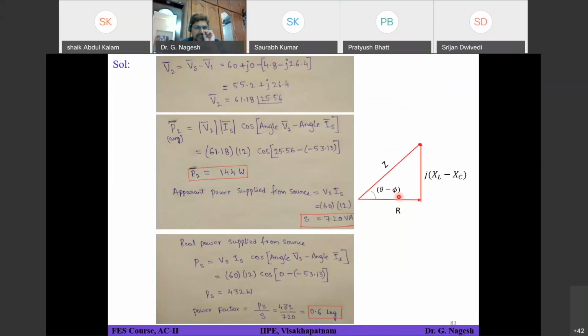So the I square R formula is applicable, that is sure. Whether V square by R is applicable, I should check, because you are not getting the same answer. If it is applicable, I should get the same answer. The V you are going to substitute is very critical. The I square R formula and V square R formula we defined are only for a resistive load, as in the previous slides.